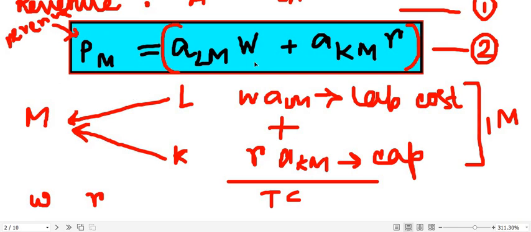Besides, it's a small open economy, so the economy itself has no control on the market determined price, which is determined in the world market, because it's a topic of international trade, as you can realize. So essentially this revenue has to be equated to the total cost of producing 1 unit of manufacturing output. So PM has to be equal to this.